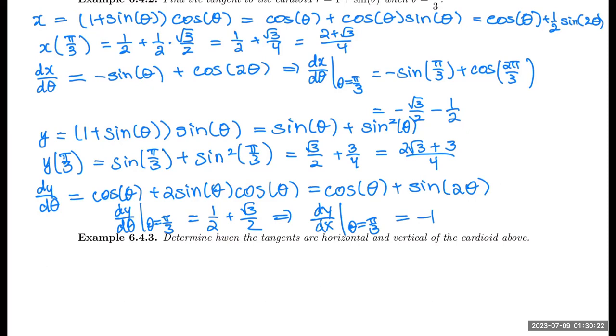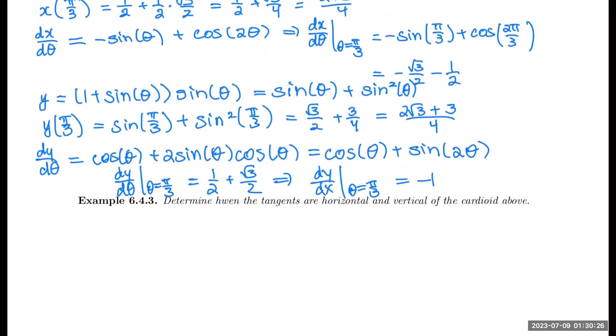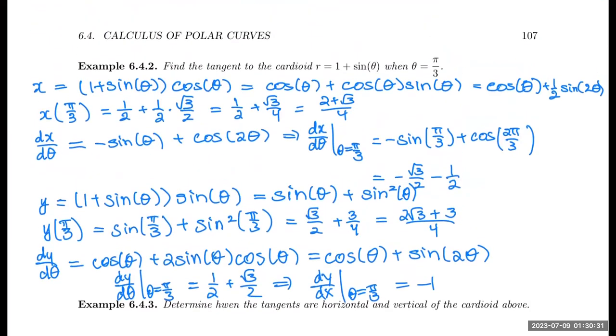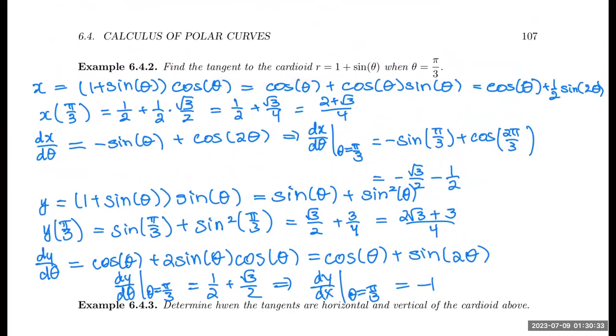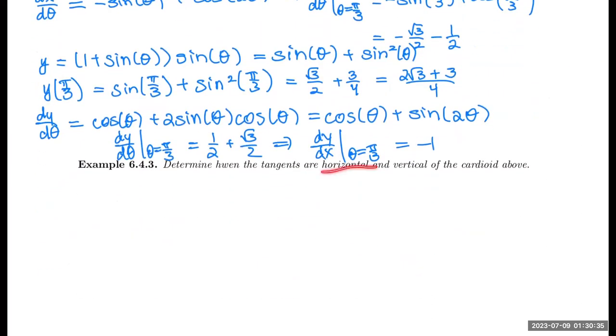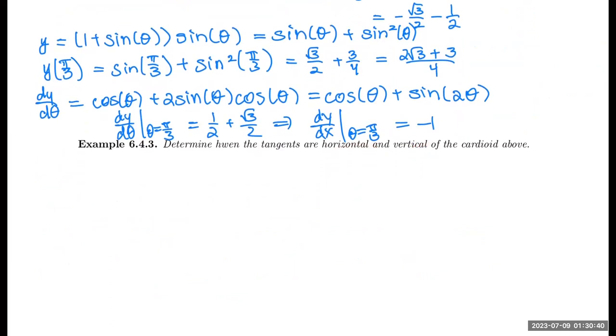So now what we want to do is to find out when the tangents are horizontal and vertical. For the tangent equation, I'll leave that as an exercise. For the horizontal and the vertical ones, first let's have a look at the horizontal. The tangent is horizontal when dy divided by dx is equal to 0.